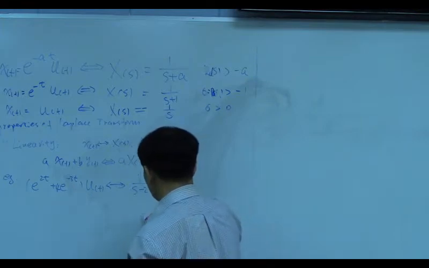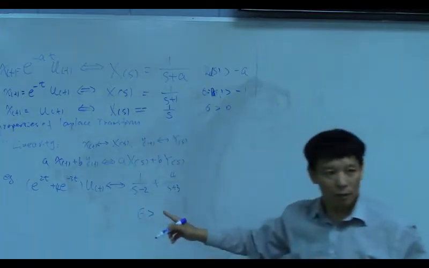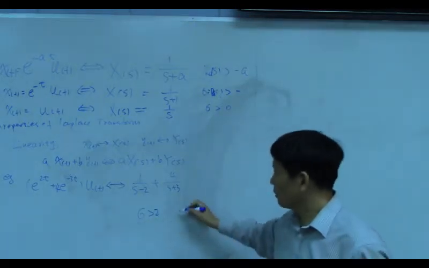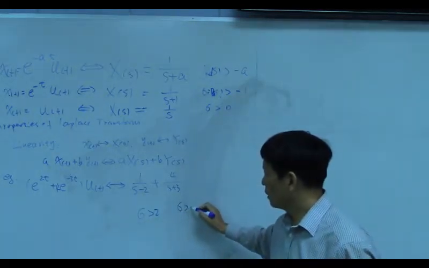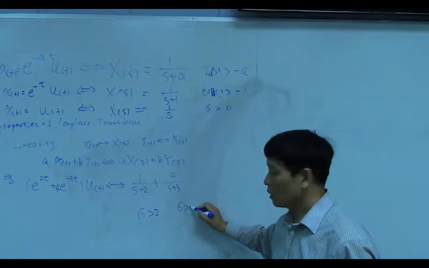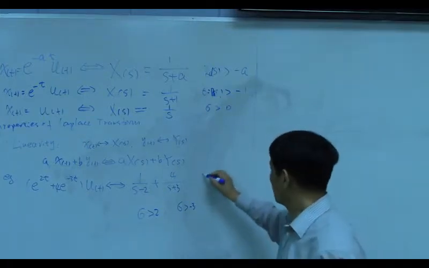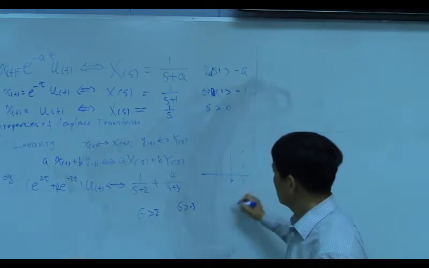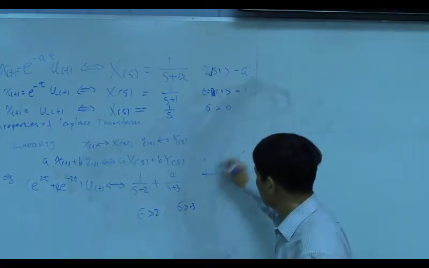So the sigma will be greater than 2 for the first, and for this one, sigma greater than negative 3. If I draw this, the first part is 2 here, to the right. The second one is negative 3, okay, to the right.